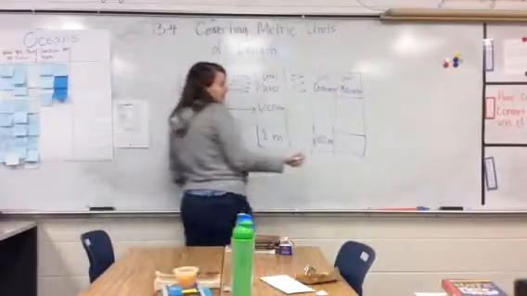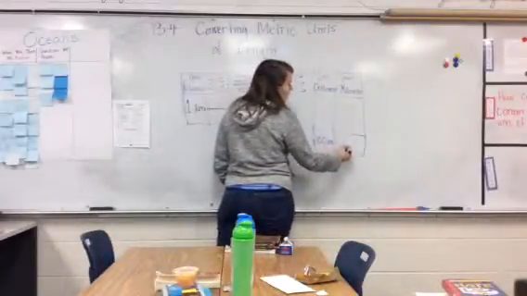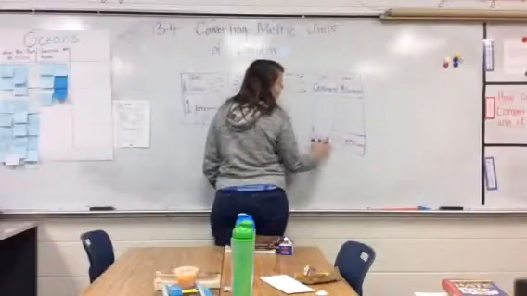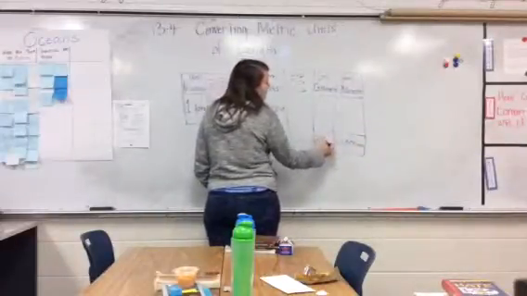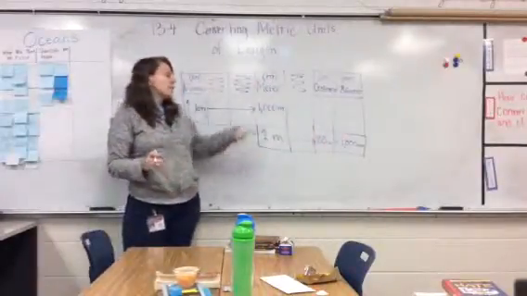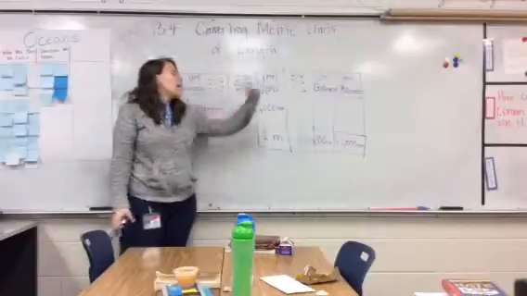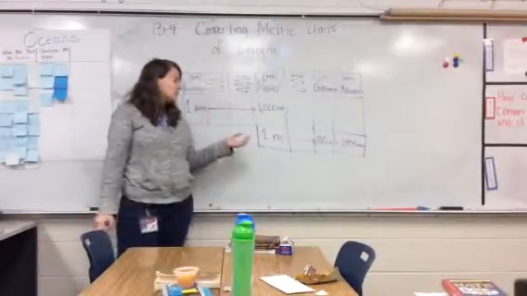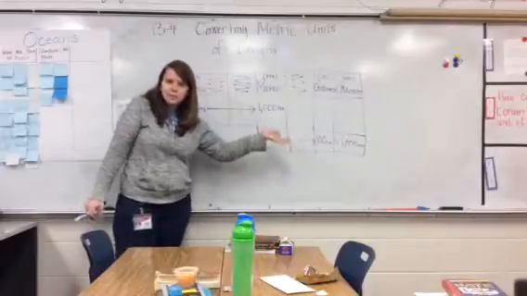And that is the same thing as 1,000 millimeters. Oops, and I messed this up. This should be centimeters. And that's millimeters. So 1 meter is equal to 100 centimeters and 1,000 millimeters. It's a lot easier because all you have is ones and zeros.